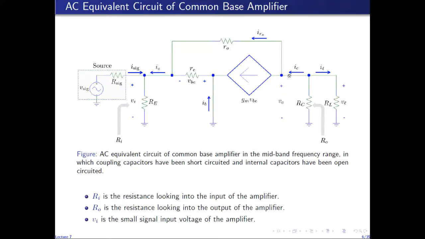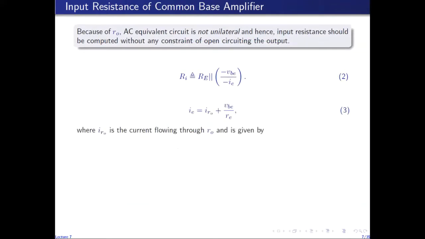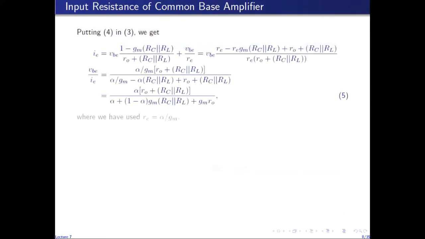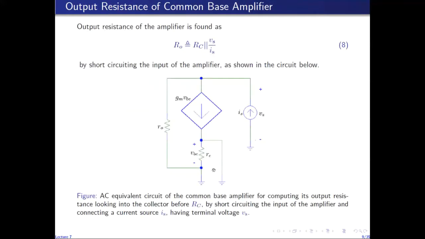In addition, I connect a current source at the collector, between this terminal and ground, and measure its terminal voltage to find the resistance seen looking into the collector. The AC equivalent reduced circuit for finding the resistance seen looking into the collector is given by this diagram, in which the emitter terminal is directly connected to ground, which short circuits RE, so it can be ignored.